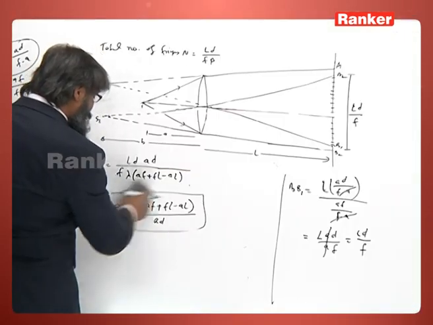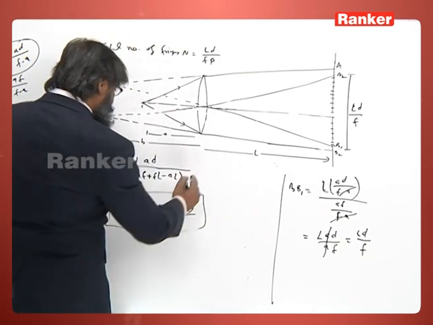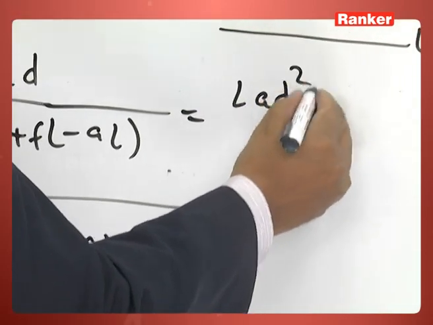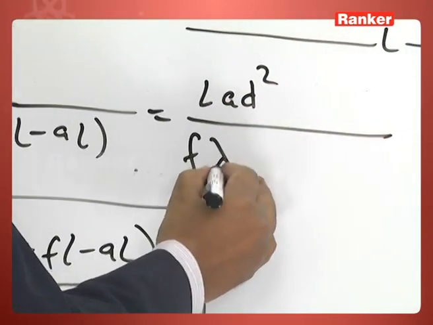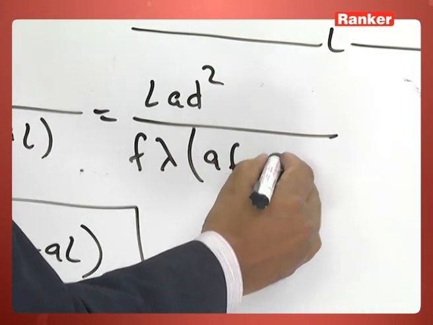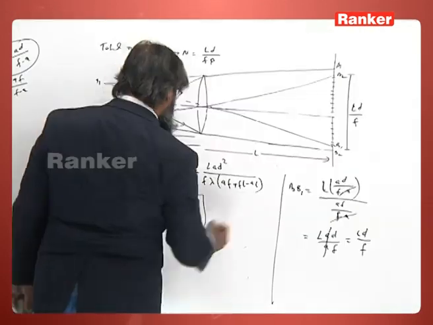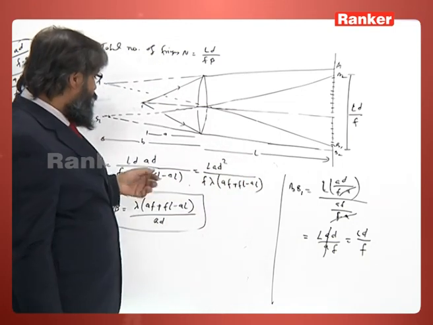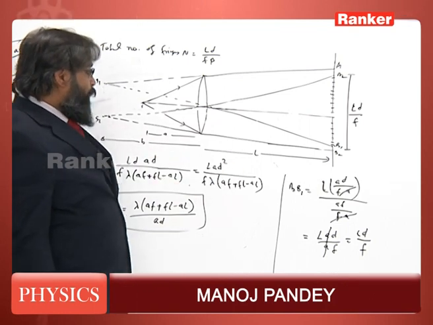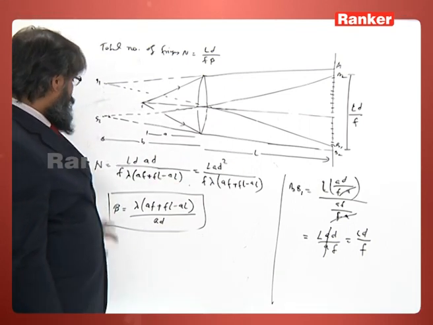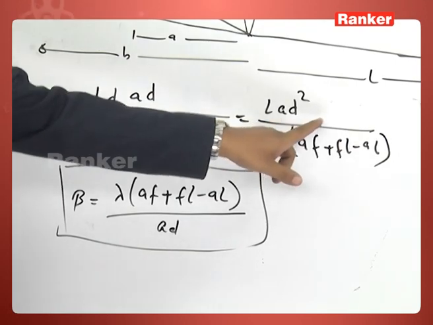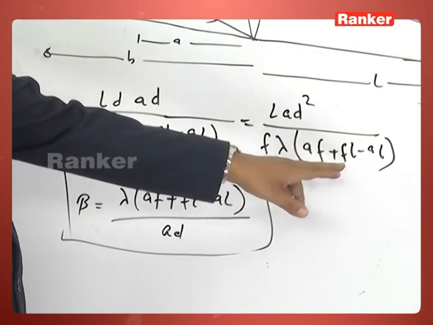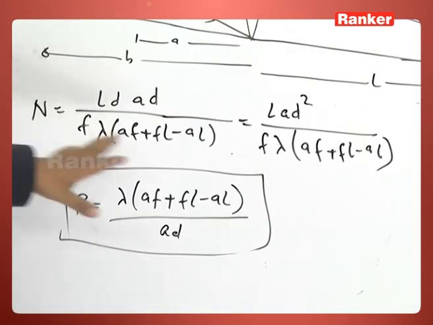So this will give N equal to L AD squared by F lambda into AF plus FL minus AL. This is our total number of fringes.